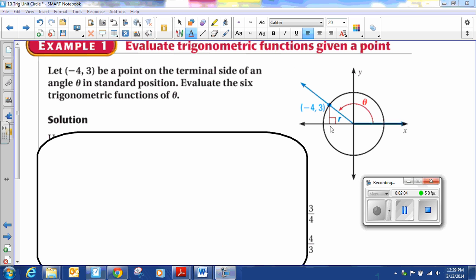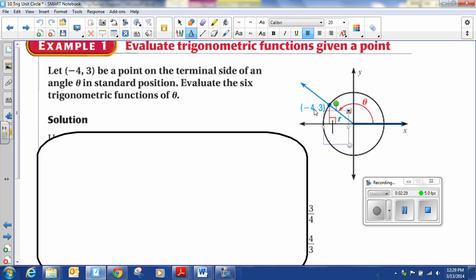Example 1. Here we have point (-4, 3). This coincides with the terminal side of this angle, and it also coincides with the circle. And we've dropped down this vertical line to make this a right triangle. So we're trying to find the 6 trig functions of theta. We want to know what the legs of the right triangle are, so we can use the Pythagorean theorem to find the radius.